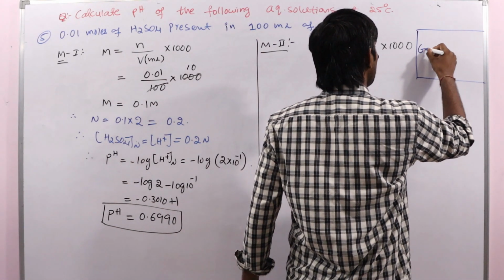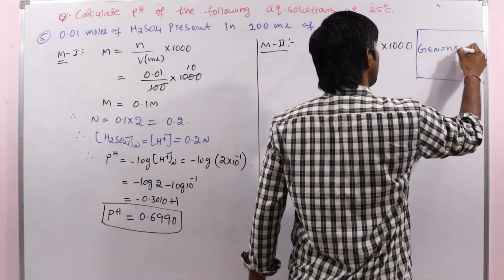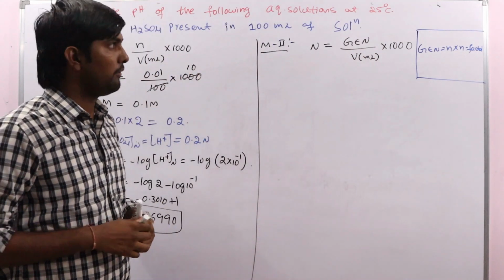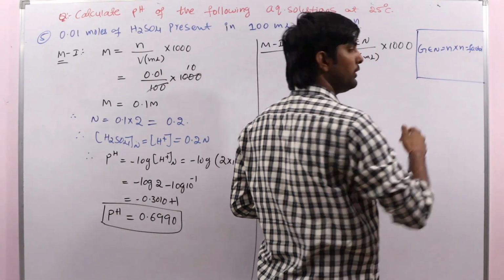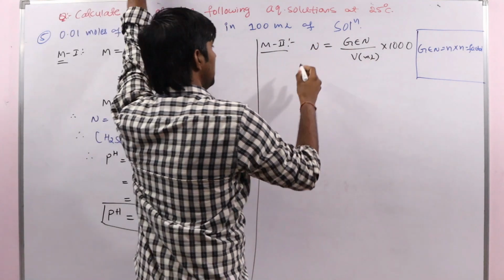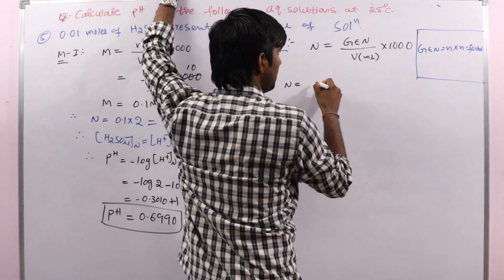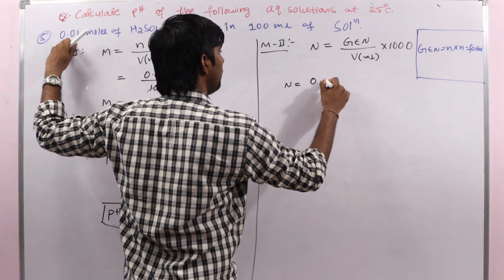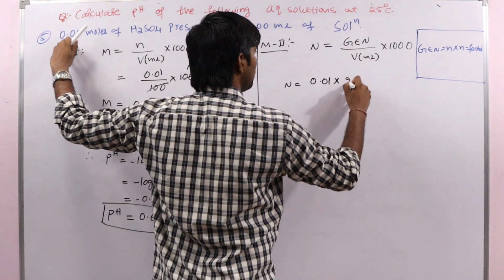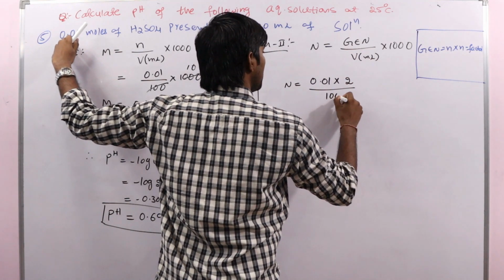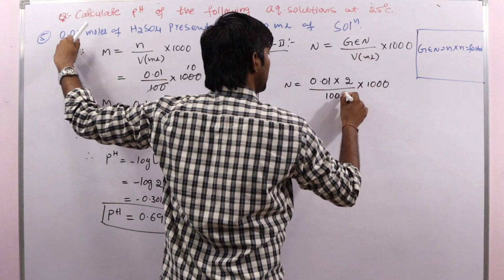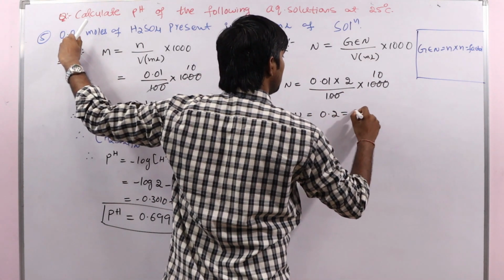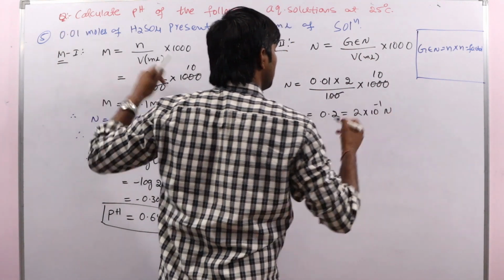So number of equivalents equals number of moles into n factor. Therefore normality is equal to 0.01 moles into n factor 2 by 100 into 1000. So normality is equal to 0.2, that is 2 into 10 power minus 1 normal.